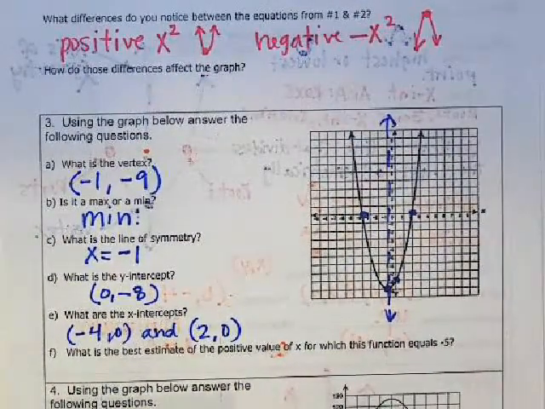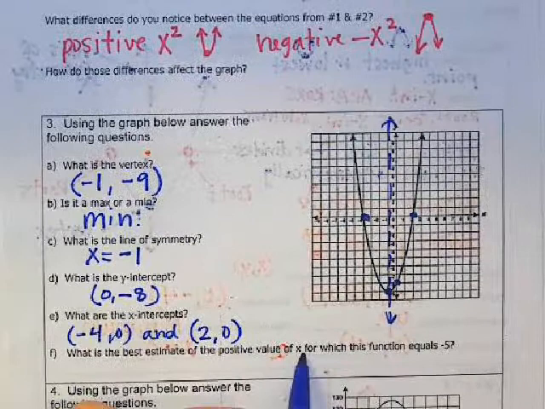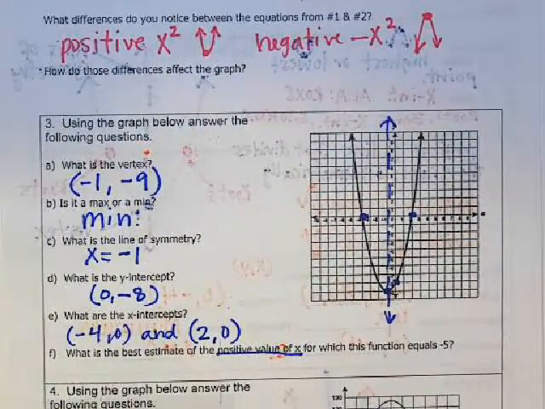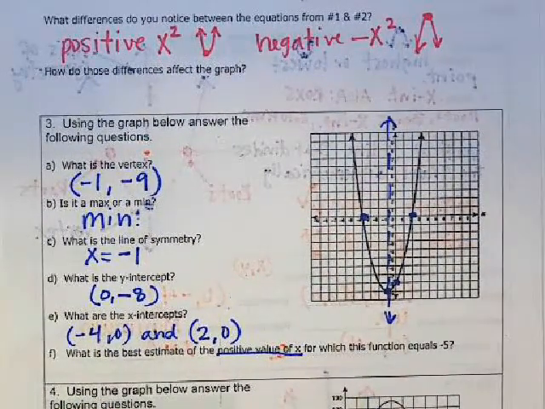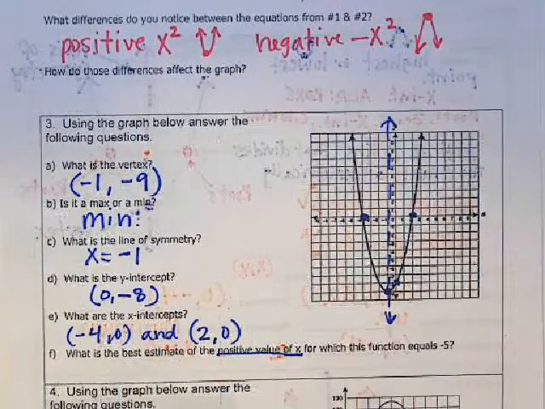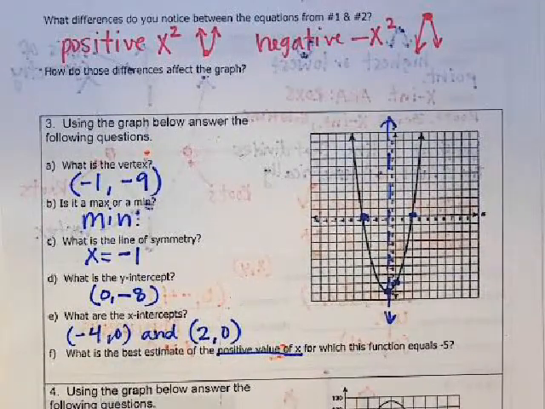Okay. All right, letter F is a little bit different. What is the best estimate for the positive value of x? So x has to be what type of number? Positive. Am I looking for a negative?